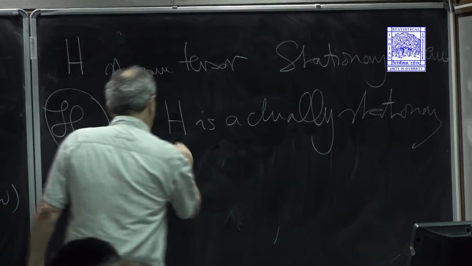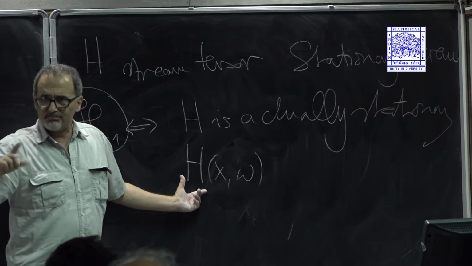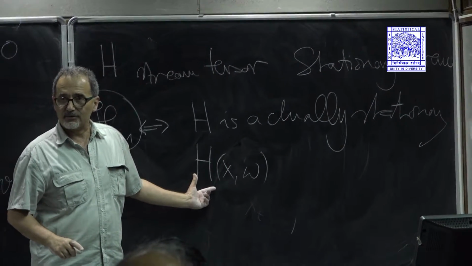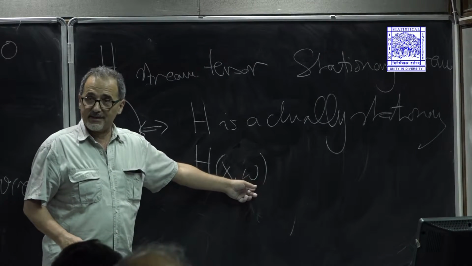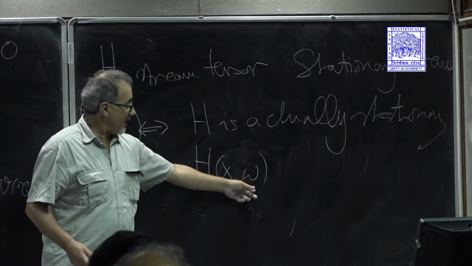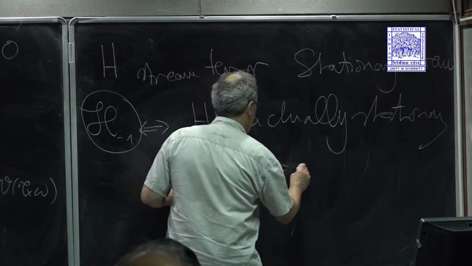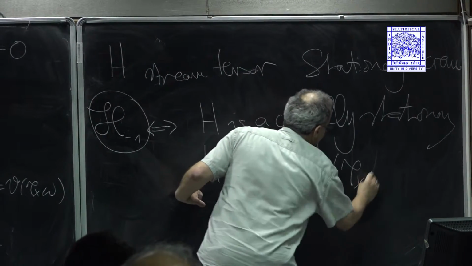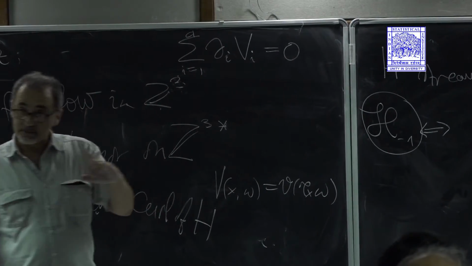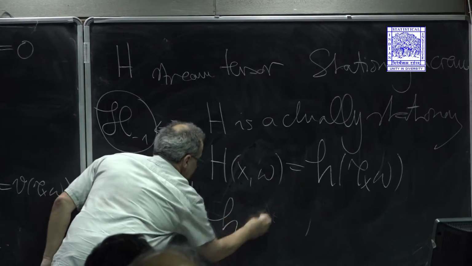That means H at x and omega, mind you this H is not a number, it's a more complicated thing, a sort of tensor, but I'm speaking schematically, depends on site and randomness. A priori from Helmholtz it has stationary increments, but what the H^{-1} condition gives is that this is actually H(tau_x omega). So it's a stationary field, with H in L2.